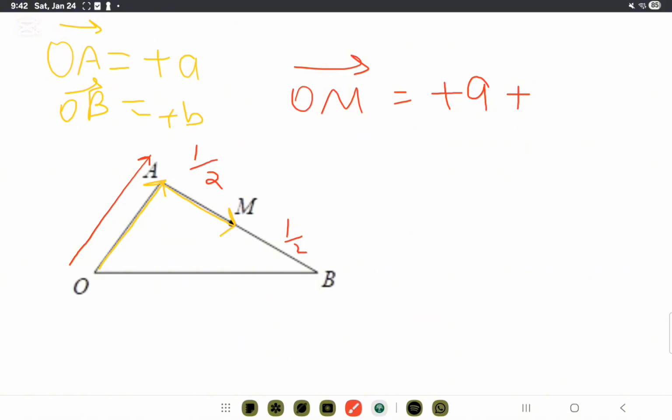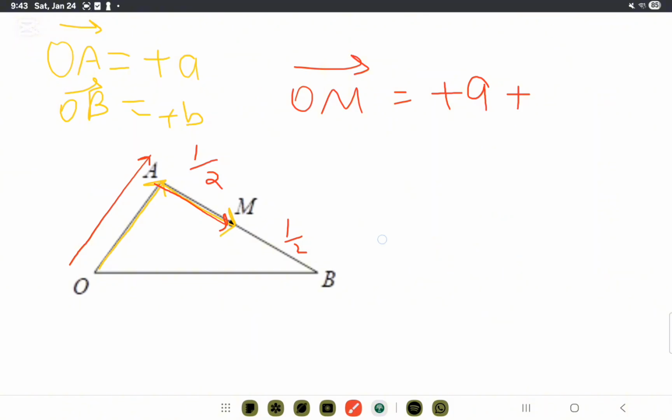So now, we want AM. Now, how do we get AM? They did not give us a number. So now, there is another way to get AM. To find AM, you need to find the total of AB, and you need to divide it by 2. Just follow my lead, okay?